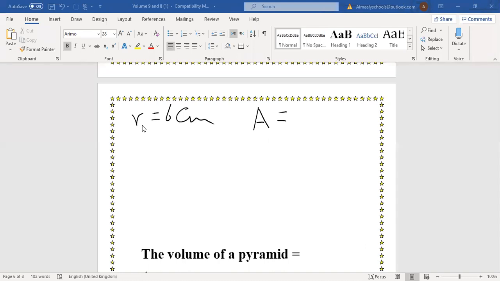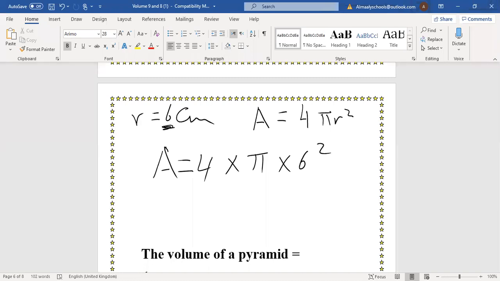Back again to Yahya. Yahya, the surface area of the sphere equals? 4 multiplied by pi r squared. Excellent. So the surface area of this sphere equals what? 4 pi 6 squared. Yes, substitute r equals 6.